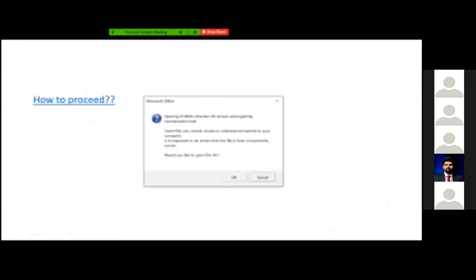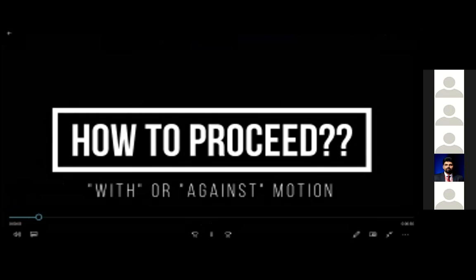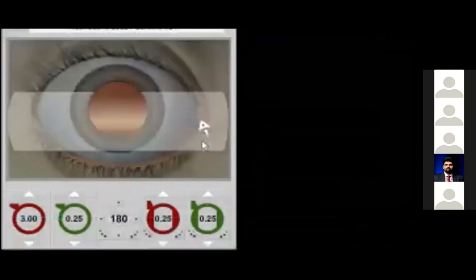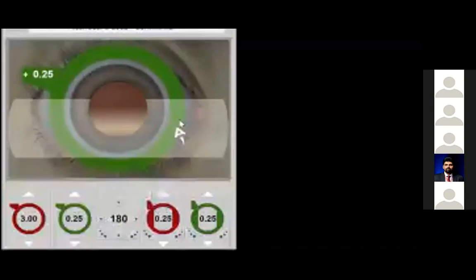So now we have understood why the with and against motions take place. Now we know this, and now how do we proceed? What do we do? So if you have a with motion, as you can see here, you have to add plus lenses. So here in small steps you have to add.